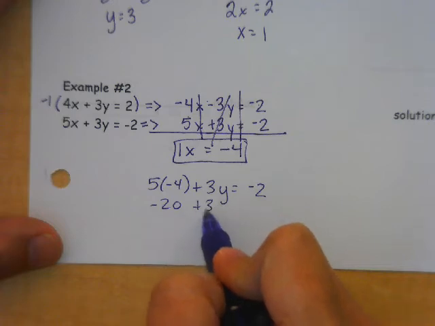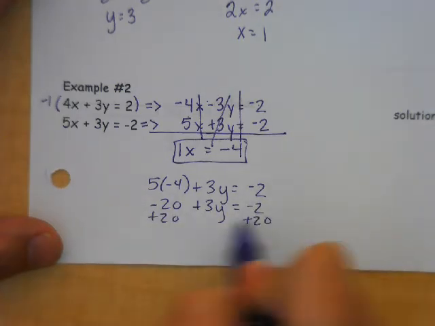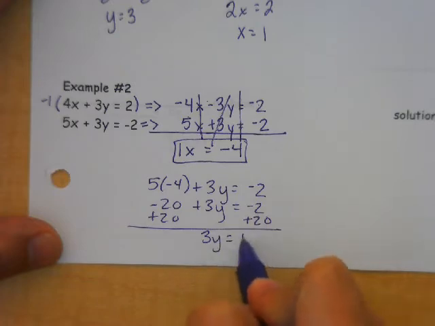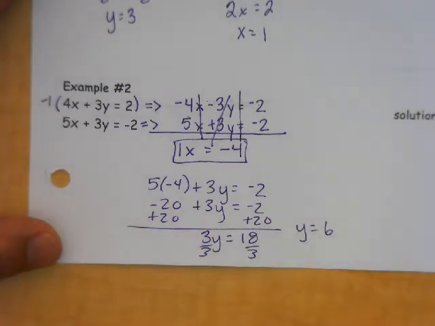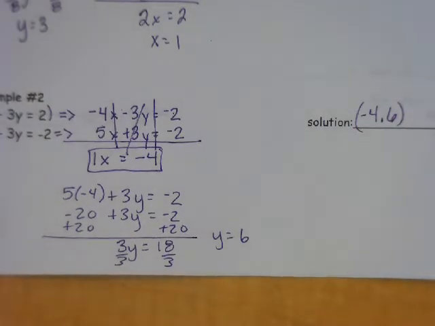I get negative 20 plus 3y equals negative 2. Add 20. 3y equals 18. y equals 6. So my solution here is (negative 4, positive 6). Yes? How are we feeling about this so far? Very nice.